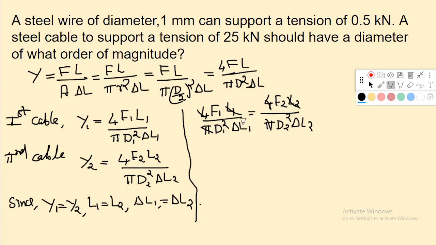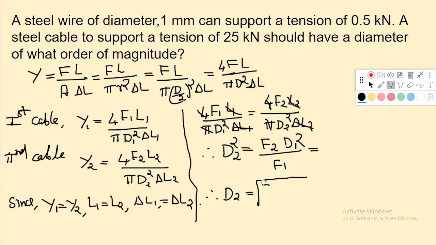Pi can be cancelled out. Delta L1 and L2 can be cancelled. Therefore, d2 square is equal to F2 into d1 square divided by F1. Okay. So let us substitute. So therefore d2 is equal to square root of F2 d1 square divided by F1.